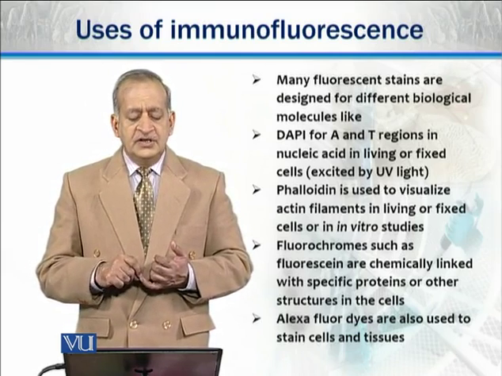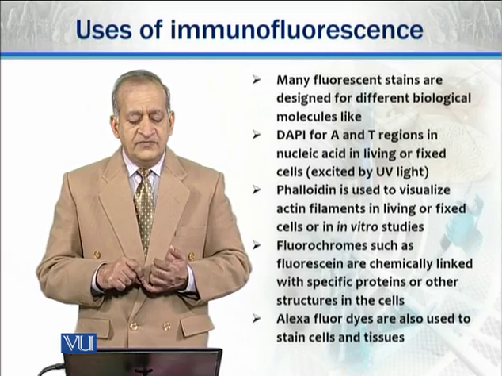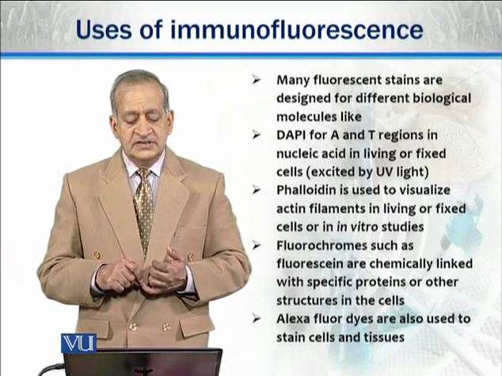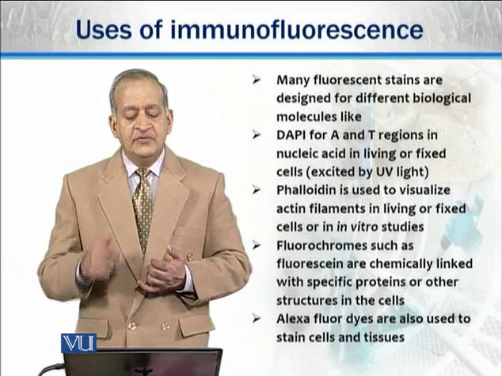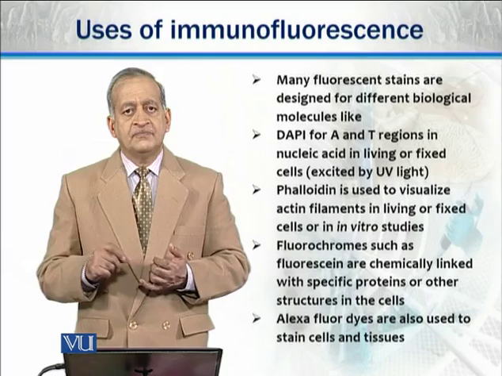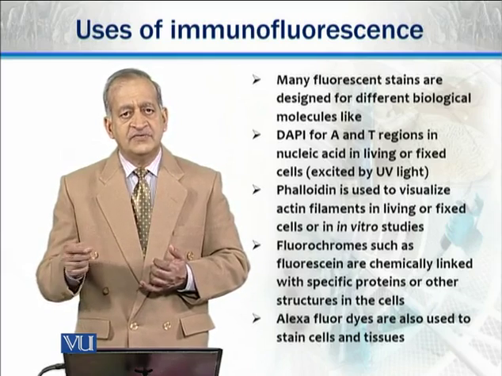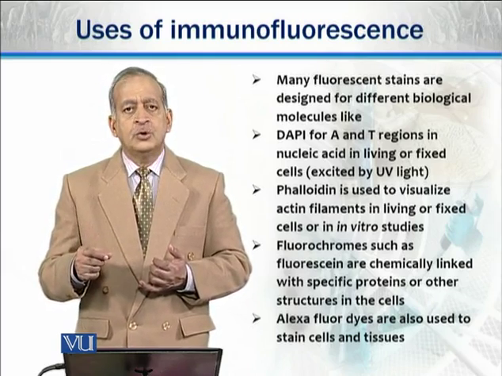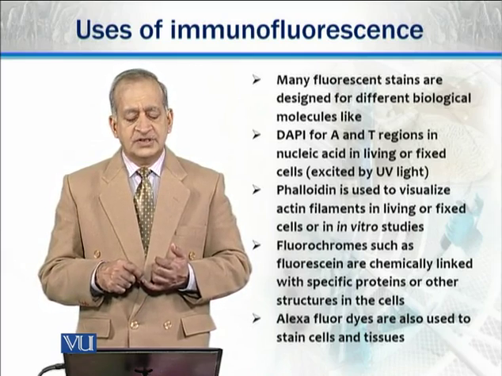Similarly, phalloidin is used to visualize actin filaments in living or fixed cells or in vitro studies. जब हमने सेल्स का माइक्रोस्केलेटन जिसमें एक्टिन फिलामेंट्स मायोसिन फिलामेंट्स जो हैं वो टारगेट करने हो तो हम फैलोइडिन जो है उसको यूज करते हैं.